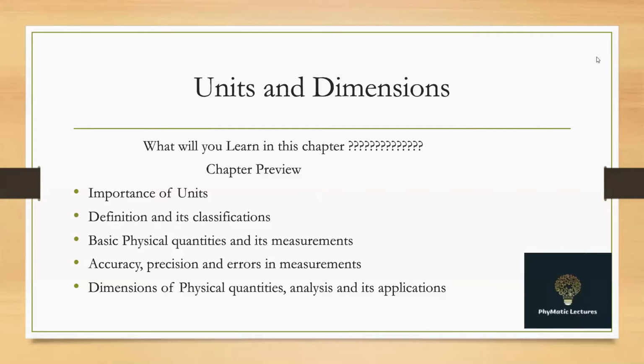How to rectify these errors, how to calculate without error. These are the things we are going to learn after measuring these physical quantities. Then, finally, we are going to deal with dimensions of physical quantities. What is dimension? What is the importance of dimensional analysis in units? And so that's why the name is units and dimensions.